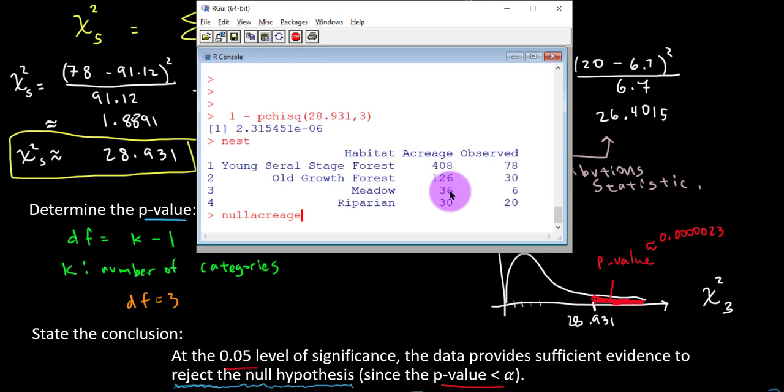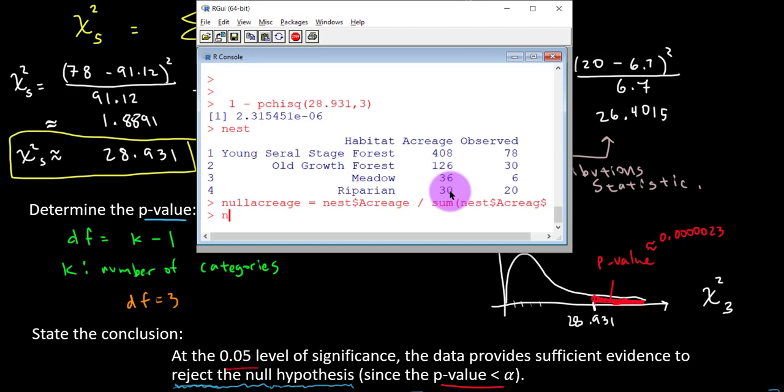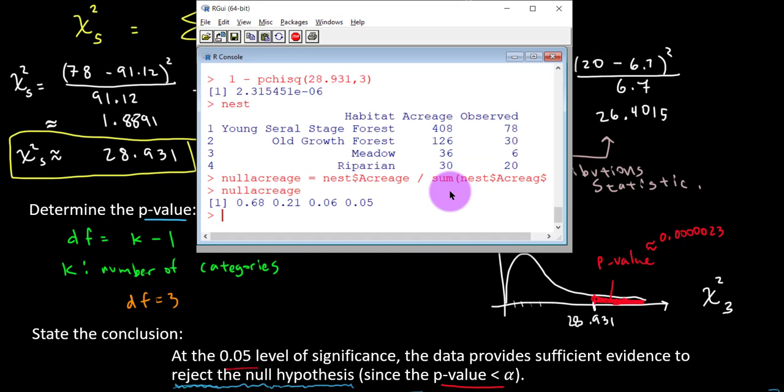So I just need the acreage as a fraction of the total acreage, and that's not going to work because I need to do nest$. And if we take a look at the null acreage vector here, those are the same proportions that we had in our null hypothesis. Feel free to click rewind to check that.